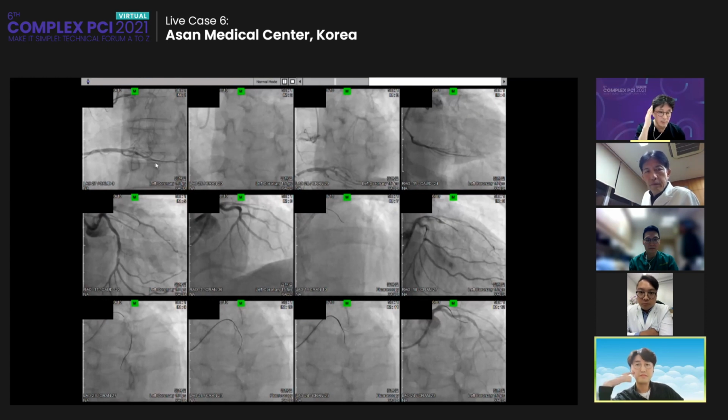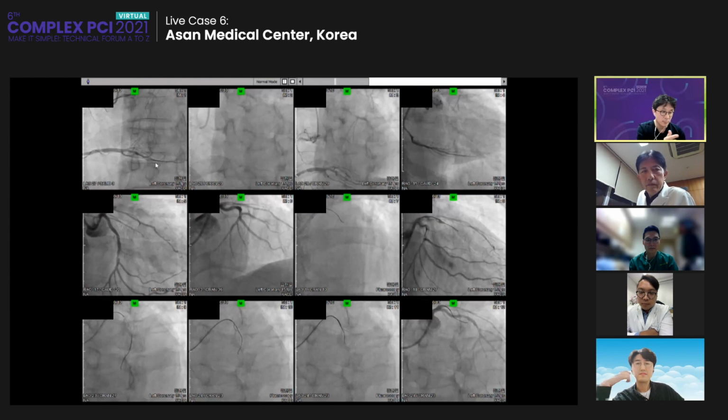So I thought that this is the point that I should wire, not the bump itself, right? So that was valuable information for me. And another point is that it's a relatively straight portion. So that was quite some information from this particular case.